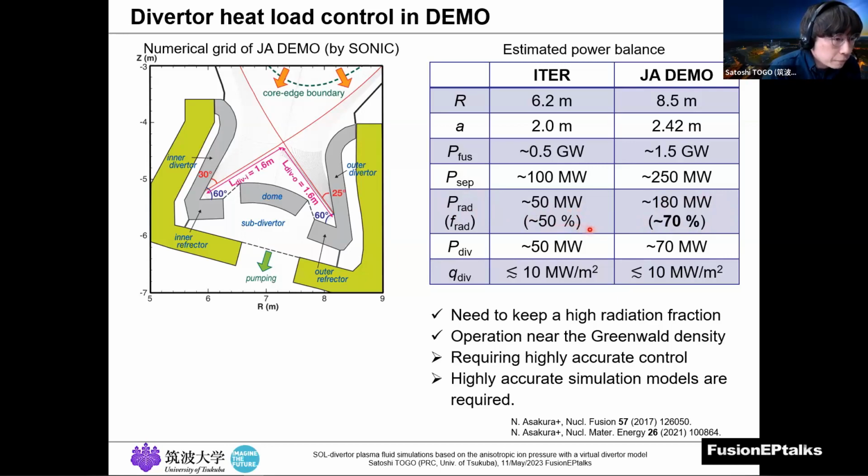In order to keep a high radiation fraction, it is a usual way to keep the core density high because the radiation power depends on the electron density. However, it is predicted that the Greenwald density limit will be lower in demo than ITER. So it might not always be easy to keep a high radiation fraction. Therefore, it is said that handling of the demo divertor heat load requires a highly accurate control, and for that, highly accurate simulation models are required.